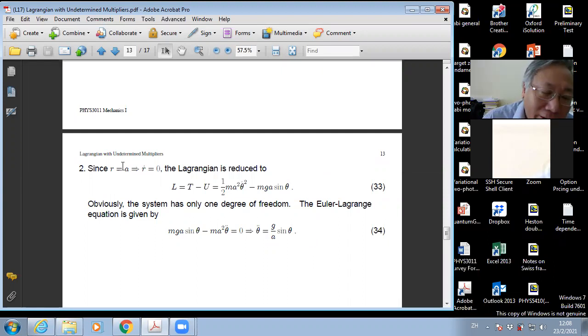We incorporate this constraint into the Lagrangian directly, and there's only one independent variable, and we have only one Euler-Lagrange equation of motion, and that is associated with theta. So we have our Euler-Lagrange equation of motion in theta, and performing the necessary differentiations, the equation of motion is given by this.